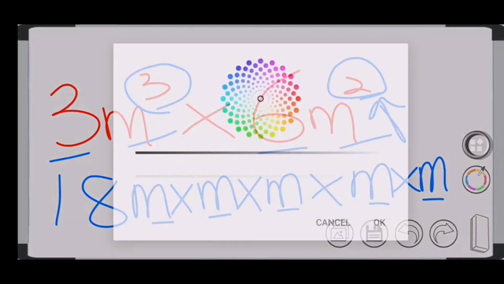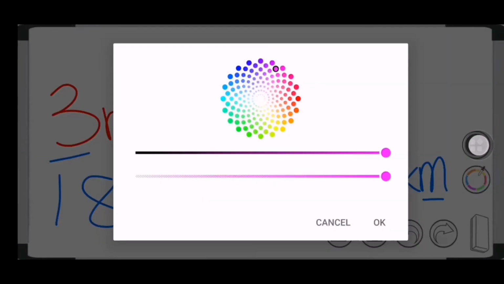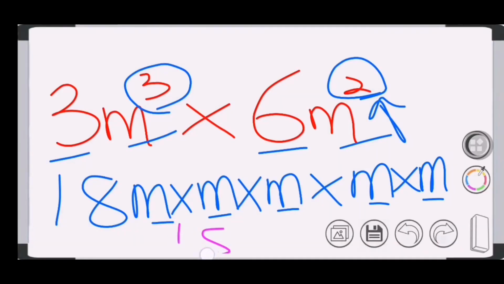Therefore, our answer should be written as 18m raised to the power of what? 5. Raised to the power of 5. Because we have 3 of m here, we have 2 of m being multiplied there. In total, we should have 5 of m being multiplied.